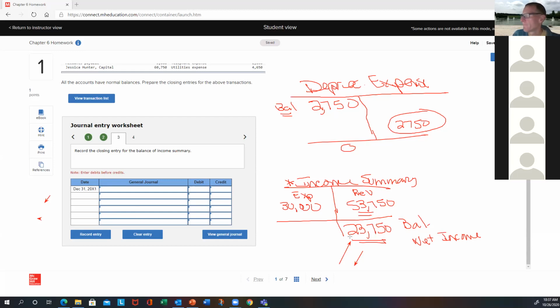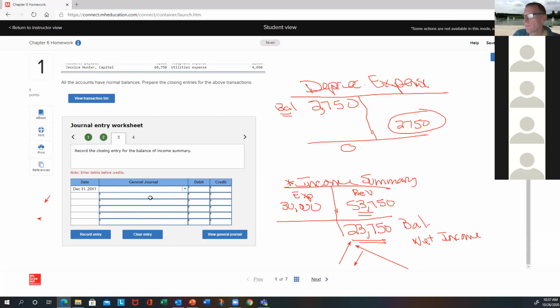Don't be shy. Okay, so at this point, I am looking at the income summary, and we want to make this account go to 0. To make this go to 0, we're going to have to debit income summary. Once I do that, it'll be at 0, and then we're going to put that into capital.